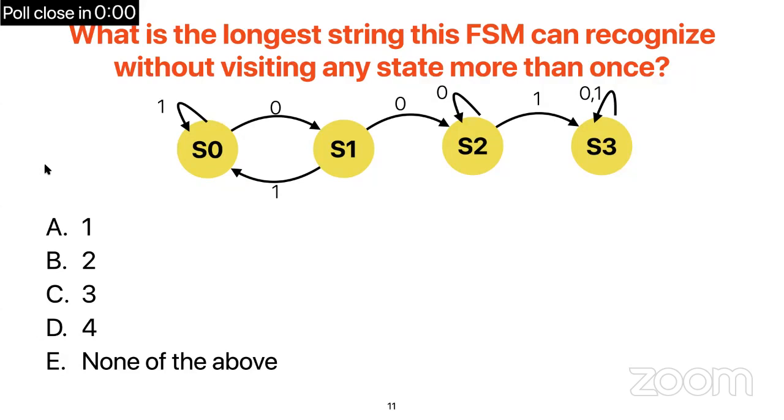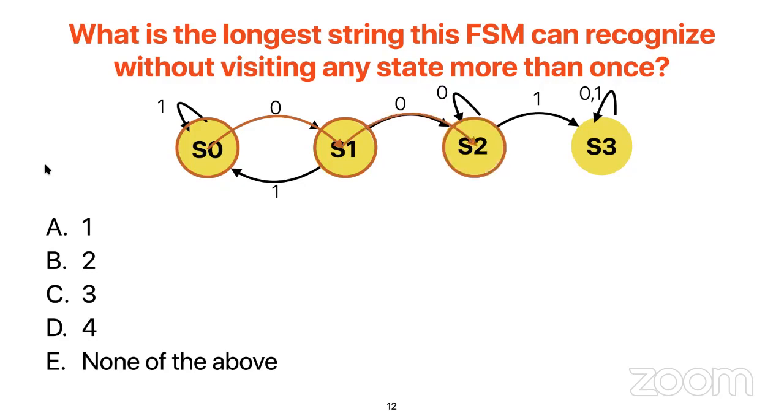So the thing is, first of all, you start from here. That's the current state. You need to transit to another state after you read another symbol, right? So 1, 2, 3.